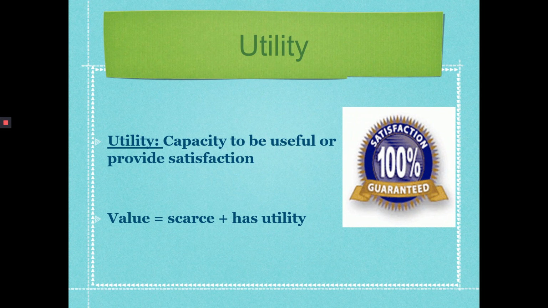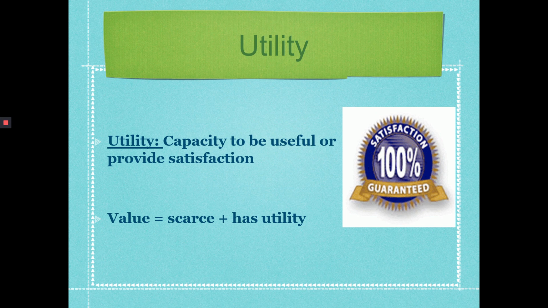So let's look at utility. Utility is the usefulness a product has to us. The capacity to be useful or provide satisfaction. Have you ever bought anything, maybe it's an article of clothing, and you thought you were really going to like it, but then you got it home and it really wasn't what you wanted?